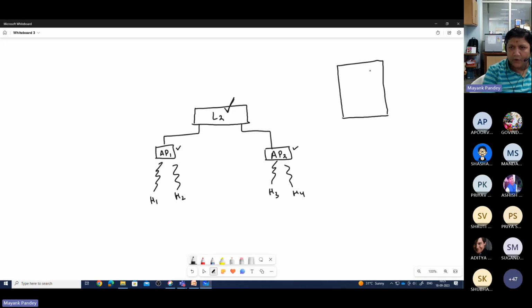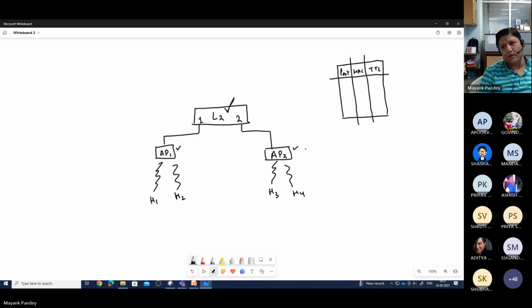Now, if I want to draw the MAC table of the switch, suppose this is port number 1 and this is port number 2. So this is port, MAC address, and TTL. This is how our switch's MAC table is. So in the current situation, what would be the entries in the MAC table?